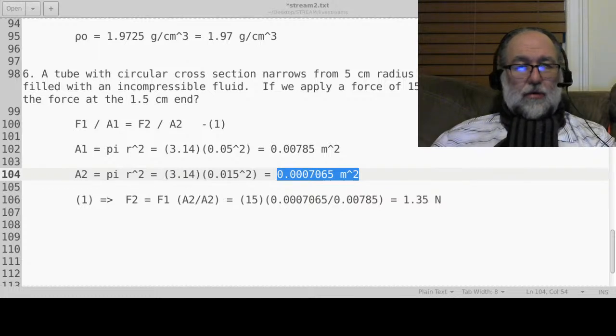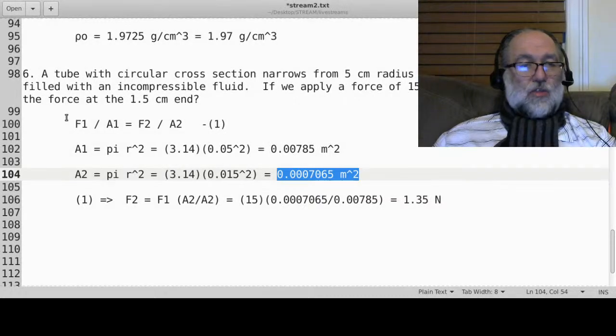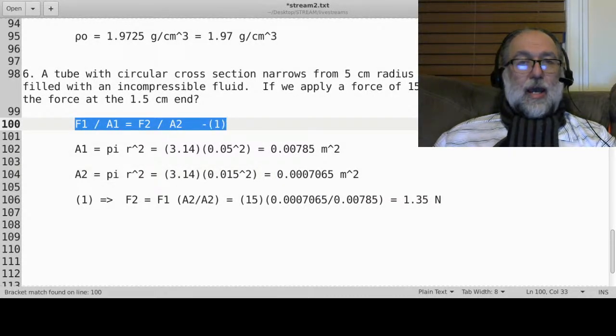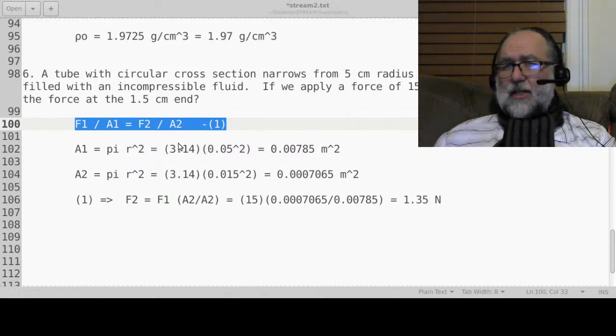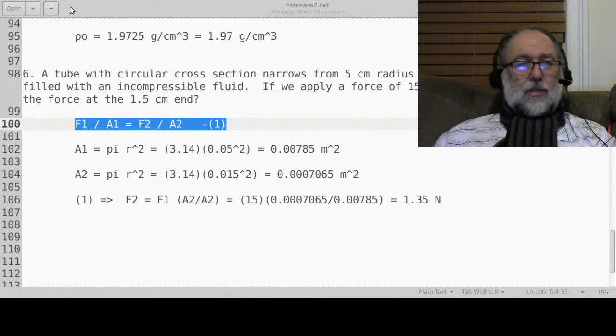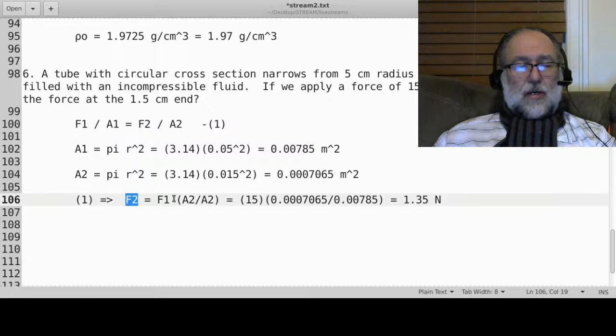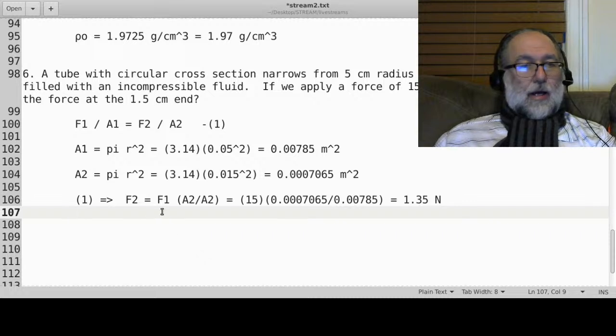0.000765 meters squared. Okay, and now we'll take this equation here, and we're solving for F2. What I'll do is multiply both sides by A2, and that'll give me that F2 is equal to F1 times the ratio A2 divided, whoops, that's not right. So what do we have here?